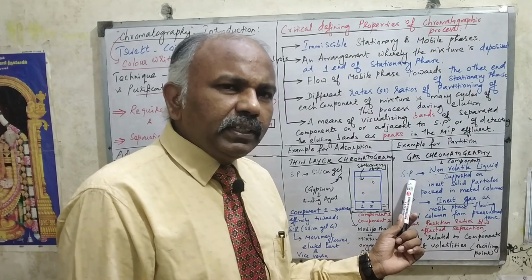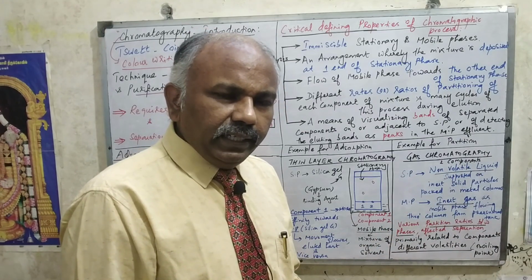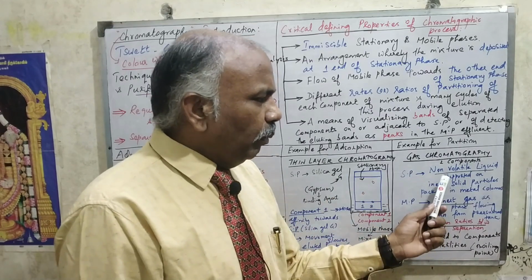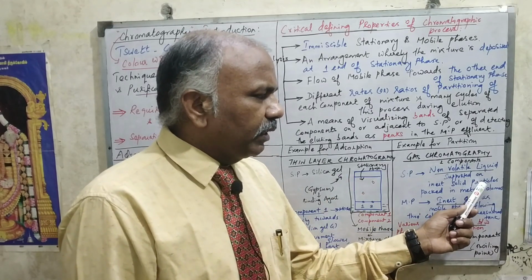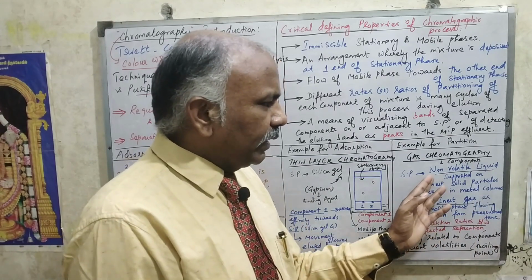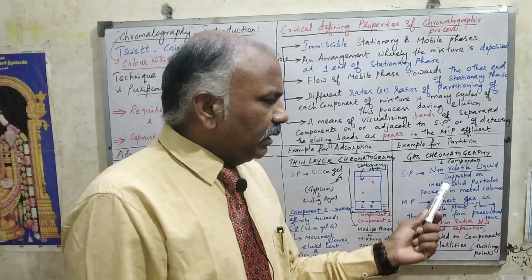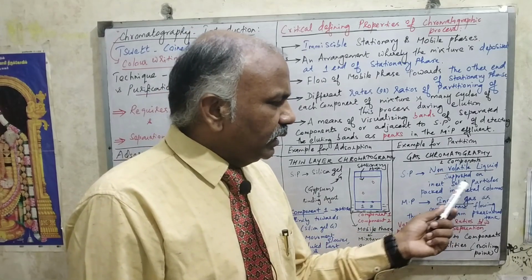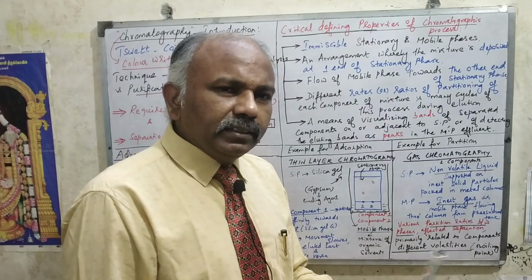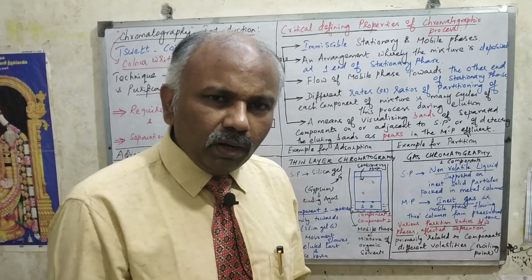The stationary phase in gas chromatography is a non-volatile liquid, supported on an inert solid particle packed in a metal column. Basically, in the metal column we are packing this, so it contains the non-volatile liquid supported on inert solid particles, which is packed in the metal column and acts as the stationary phase. Right? Stationary phase is a non-volatile liquid.